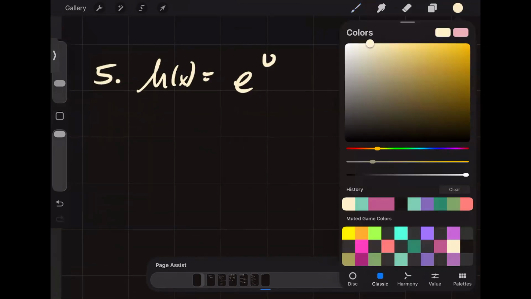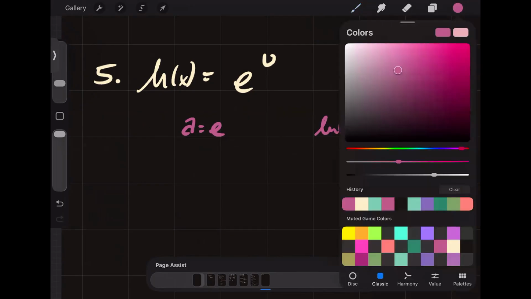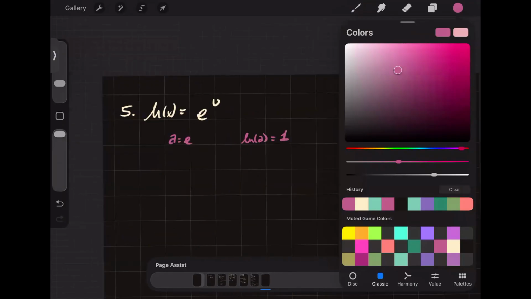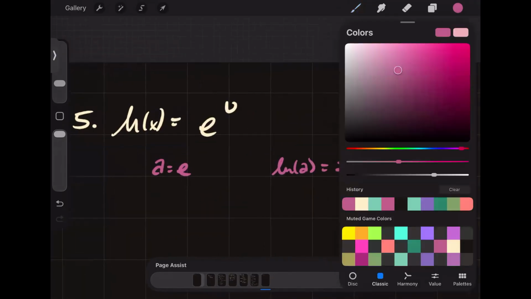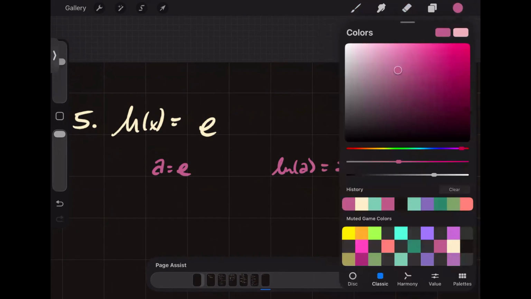Some function. A is equal to e, ln a is equal to 1. Actually, that's a terrible idea. I'm not going to call it that because I've been calling everything in their mom u. Let's call it f of x.